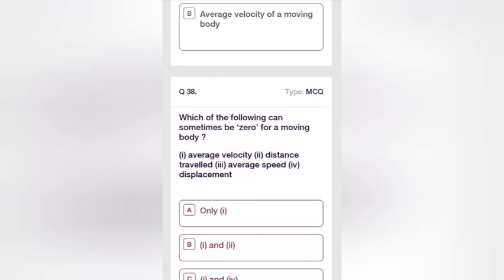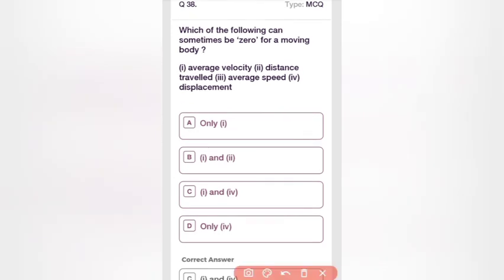Which of the following can sometimes be 0 for moving body? So we know that average velocity and the displacement can be 0. So 1 and 4. So we need to see the option 1 and 4. So option C is the correct answer, 1 and 4.